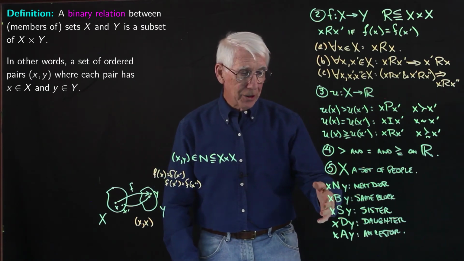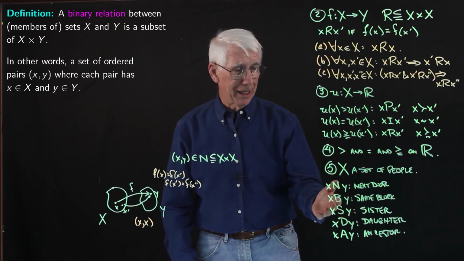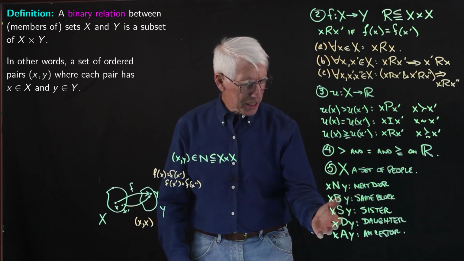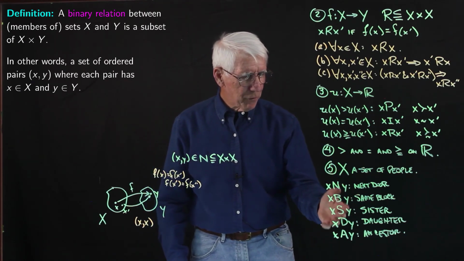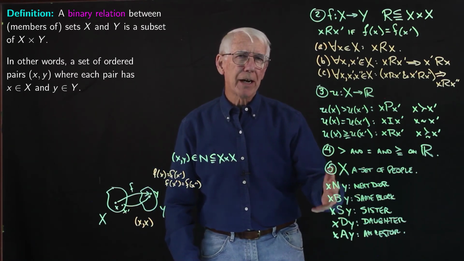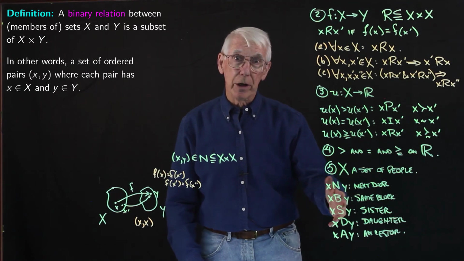But we are going to look at each of these five. There's 5 of these relations. We're going to look at each of these 5 relations, and we're going to consider several different properties of the relations and how they are similar or different from one another.